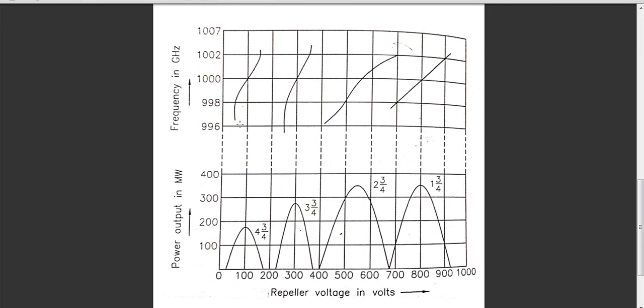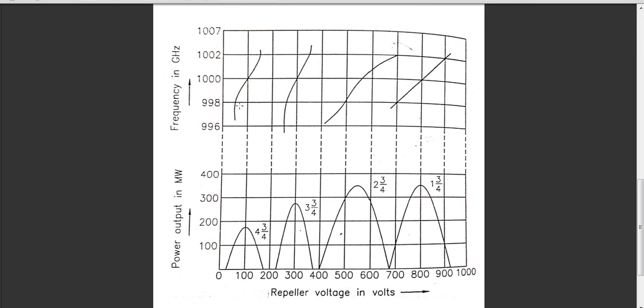Corresponding to this is the frequency, and if we change this repeller voltage slightly, maybe below 100 or above 100, we can see that with a slight change in the power, there is a change in the frequency. If we increase above 100, the frequency will increase, and if we decrease the repeller voltage, it will decrease.